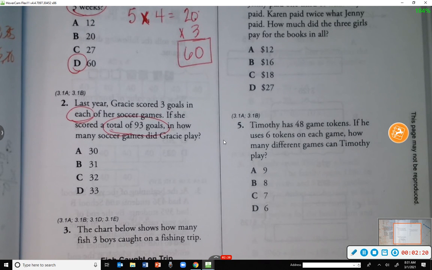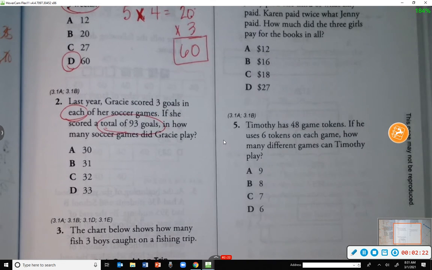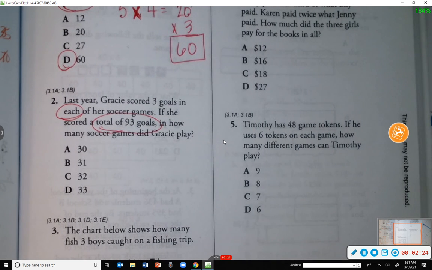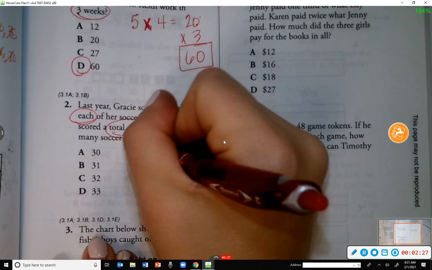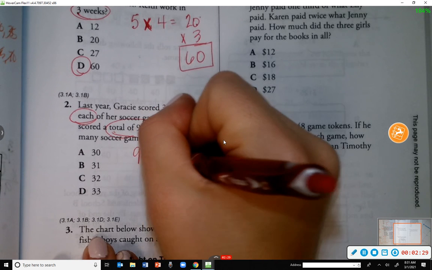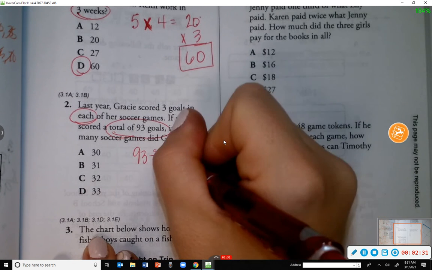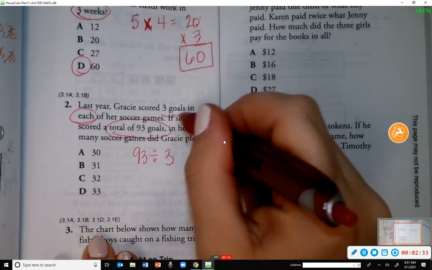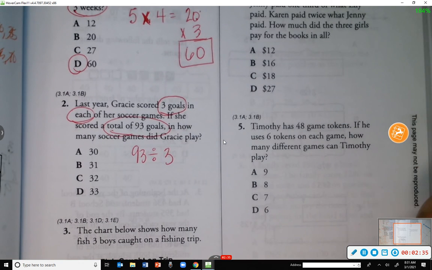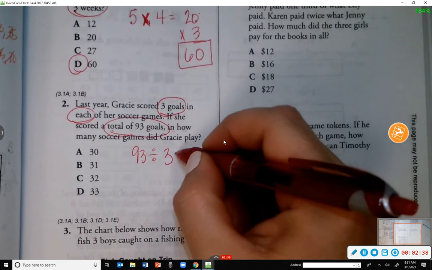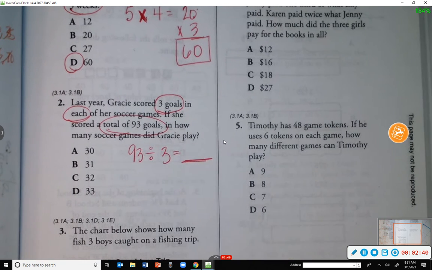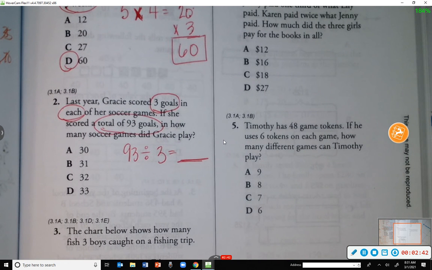So what does that mean we're probably going to do? Kaylee? Divide. Good. So I'm going to take 93 and divide it by 3, because it says she scored 3 goals in each of her games. Okay? Well, I don't know what 93 divided by 3 is. So what is a good strategy to do?